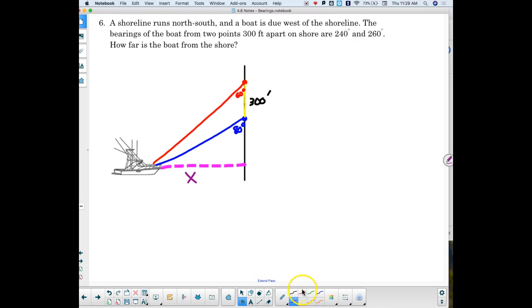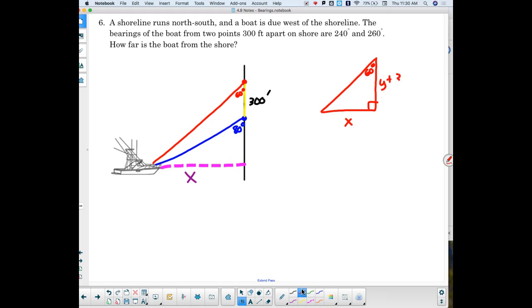Looking at the red right triangle, this is my right angle here. This is what I'm trying to find. This angle up here is 60 degrees, and this side is y plus 300, because I don't know what this distance is right here.